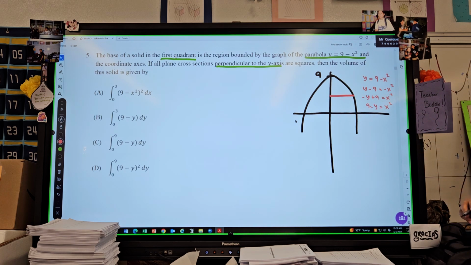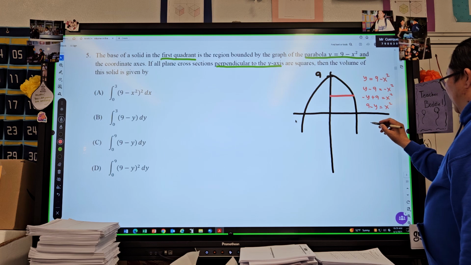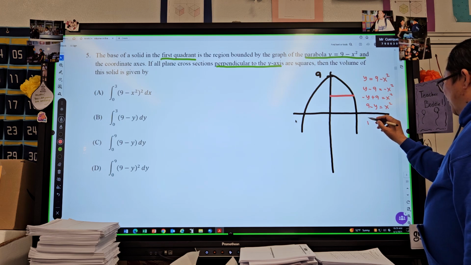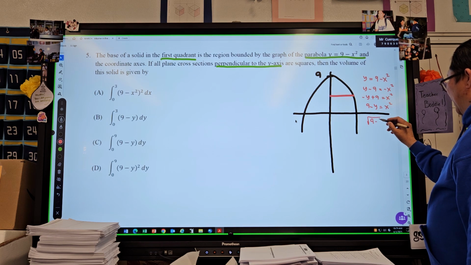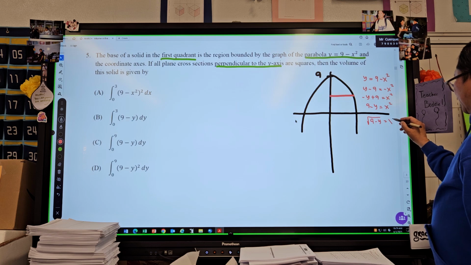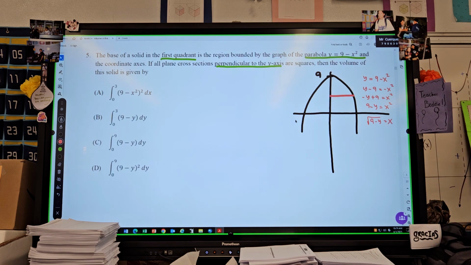And what do we do now? We square root both sides. Therefore it's gonna be square root of 9 minus y is equal to x.